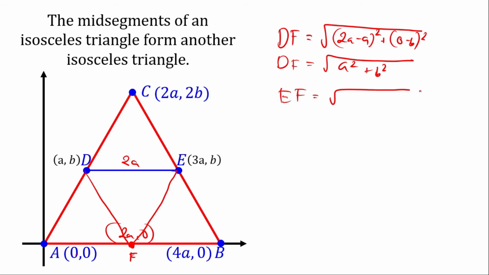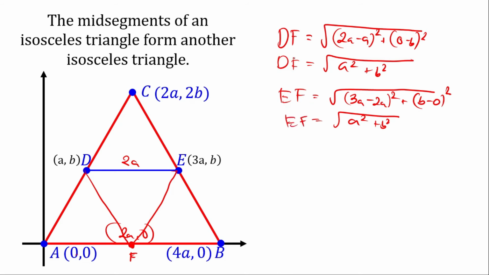That gives us 3a minus 2a, squared, plus b minus 0, squared, which gives us a squared plus b squared.